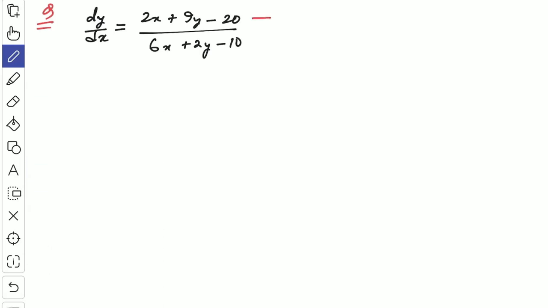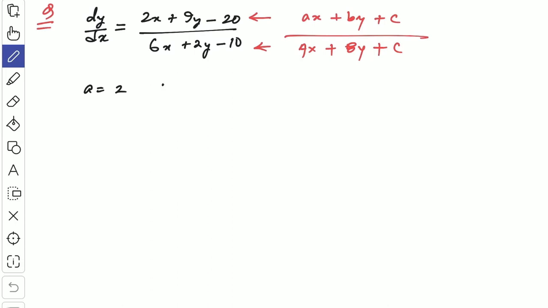First, we are going to compare it with small a x plus small b y plus small c in the numerator, and the denominator will be compared to capital A x plus capital B y plus capital C. If you compare, you will get small a is equal to 2, small b is equal to 9, and small c is equal to minus 20, and capital A is 6, capital B is equal to 2, and capital C will be equal to minus 10.